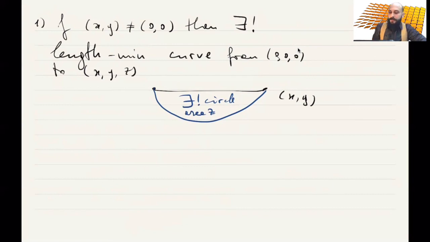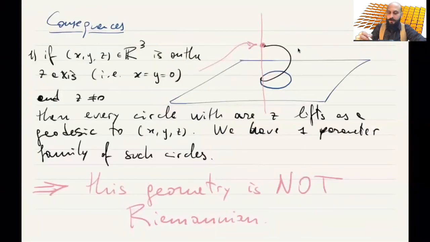Okay, now, what else? Okay, the last comment about this non-uniqueness. If 2 points are in the z-axis, distinct points, then they're joined with infinitely many geodesics. Now, let's apply left translations.